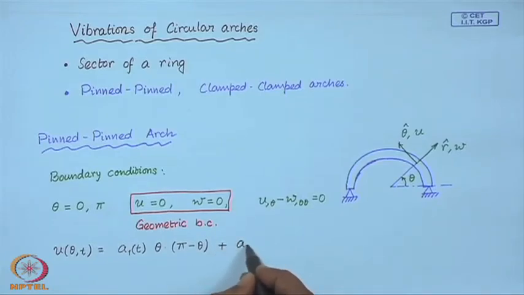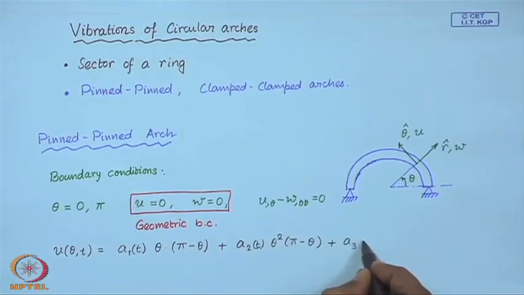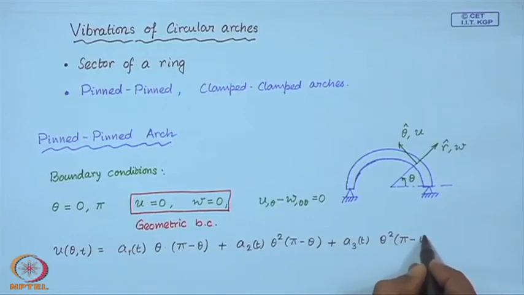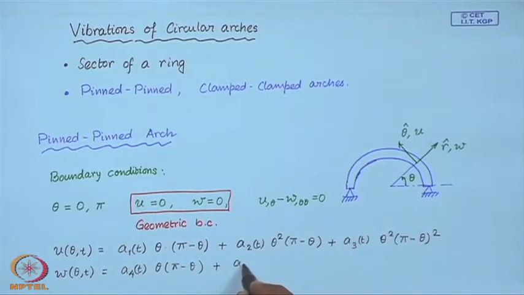So, I can now construct a 3 term expansion for u and similarly a 3 term expansion for w using the same admissible functions.